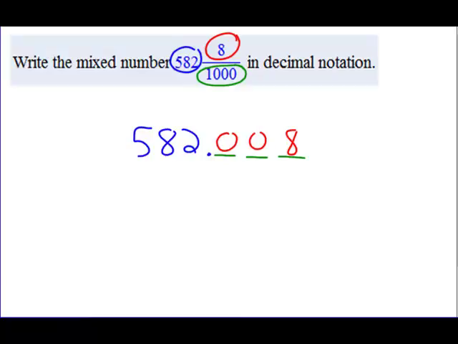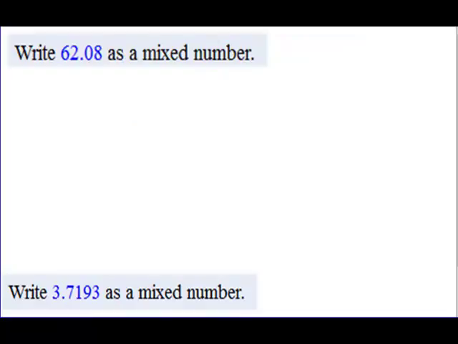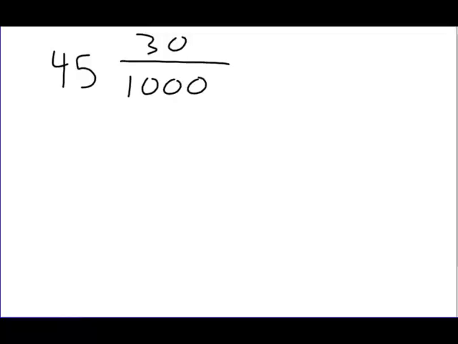Your turn. Try this one: 45 and 30 thousandths. Press pause and give this one a try. Now, 45 is our whole number, 45 decimal.